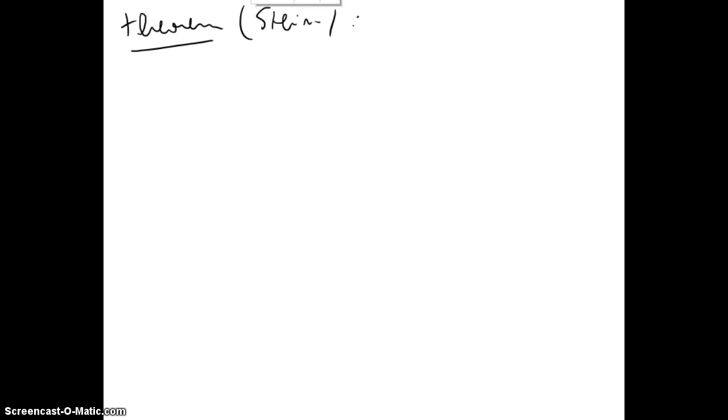So, theorem by Stein, an interpolation theorem.